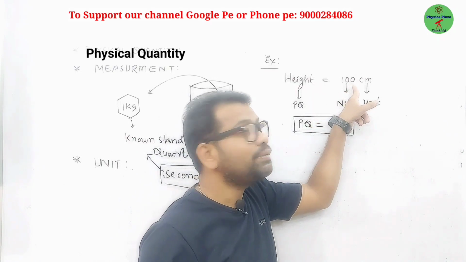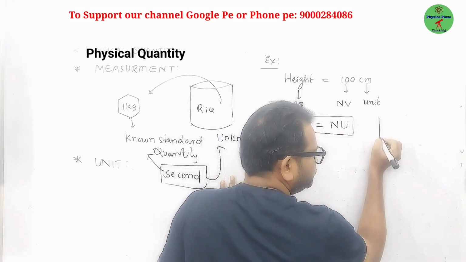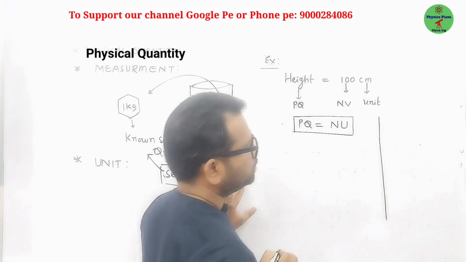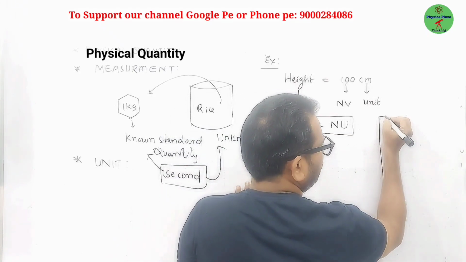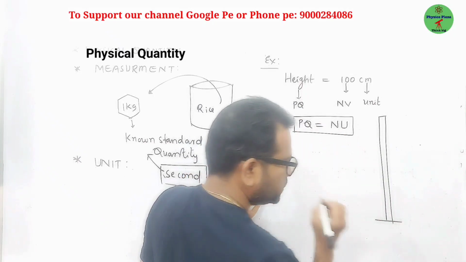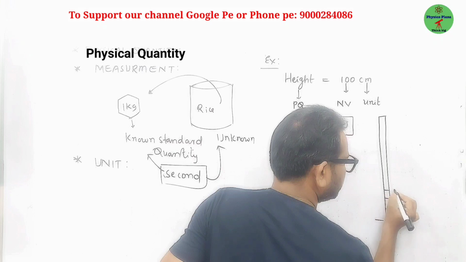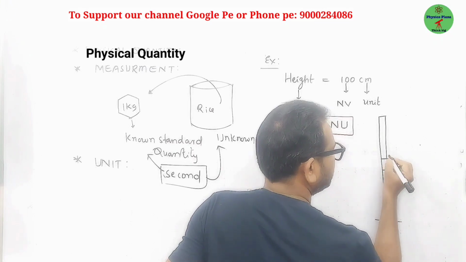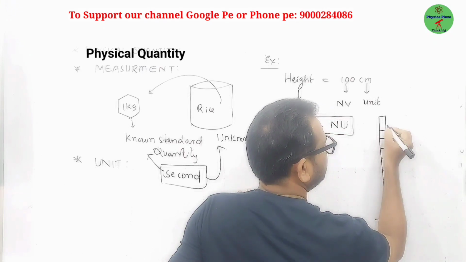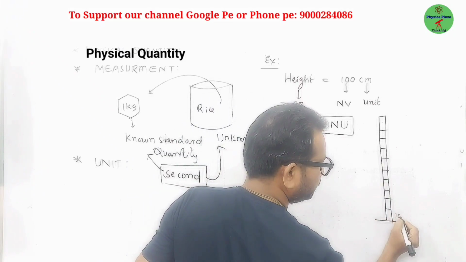But what does this 100 tell you? For suppose, dear children, let us say this is some height. We want to measure this length. Let us say from here to here, 1, 2, 3, 4, 5, 6, 7, 8, 9, 10, each one is 1 centimeter.